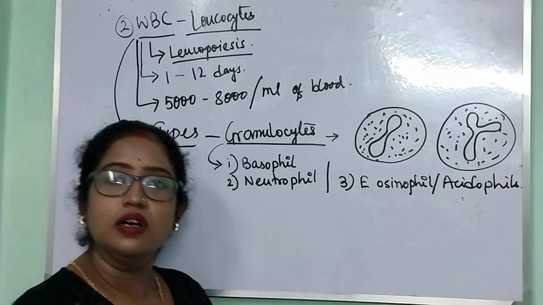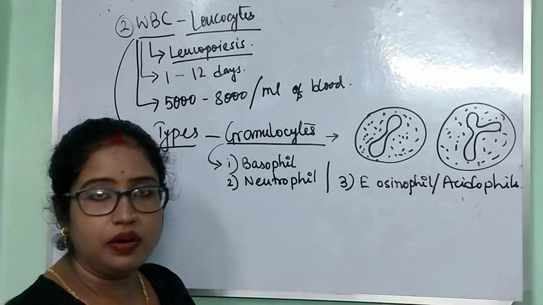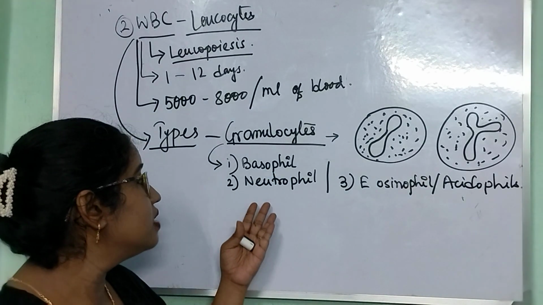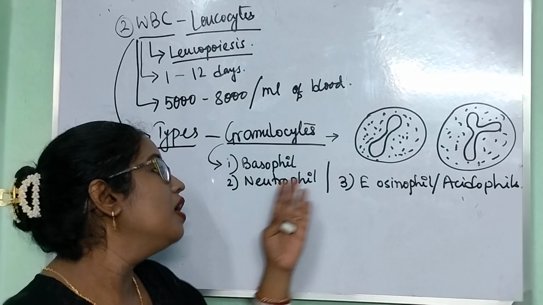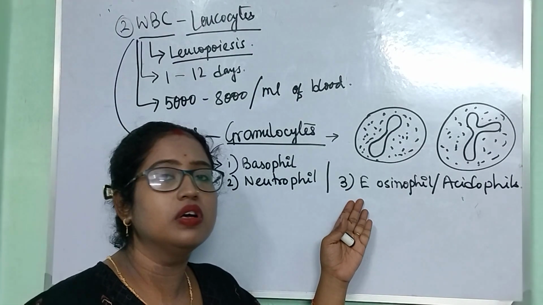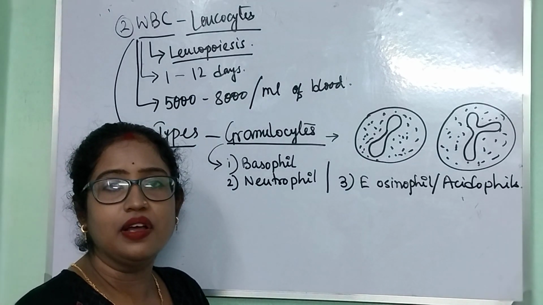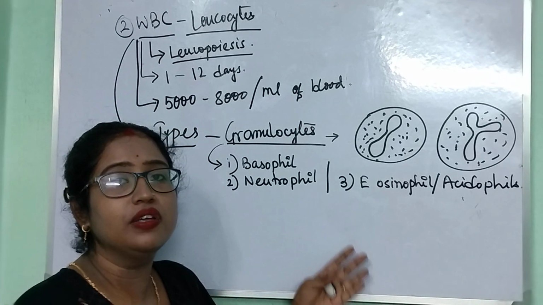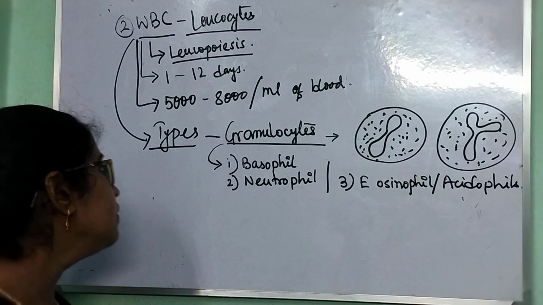Basophils are very low in amount in our blood, whereas neutrophils are much higher in concentration, and eosinophils increase when some kind of allergy happens in our body. Only then does the eosinophil content become higher in the blood.